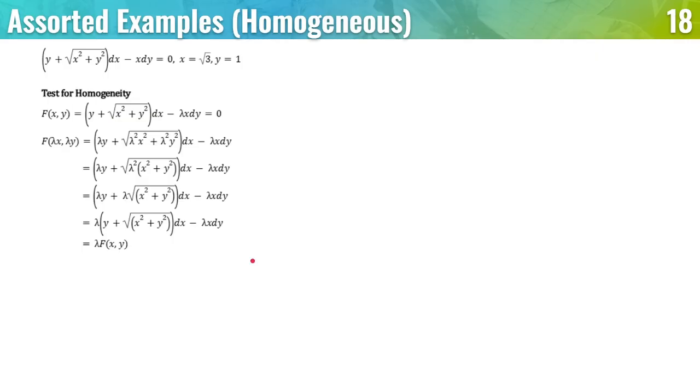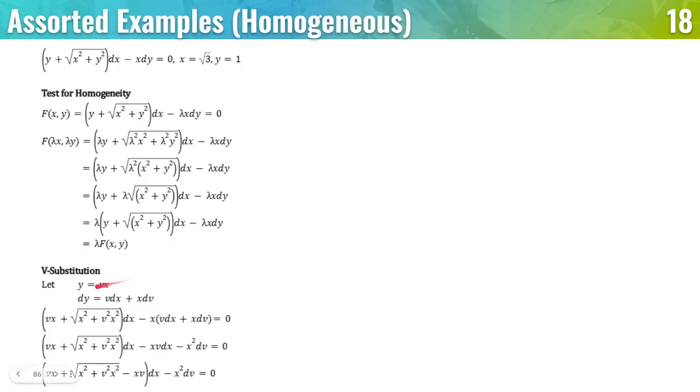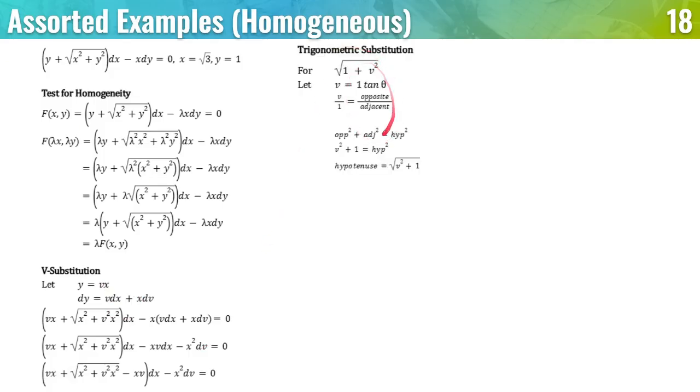Now for the next steps, I'm going to skip over them. V substitution as usual, and then here, trigonometric substitution. So we won't encounter something like this in our exams, but trigonometric substitution allows you to substitute tricky values like this one if we do not have any formulas for it.